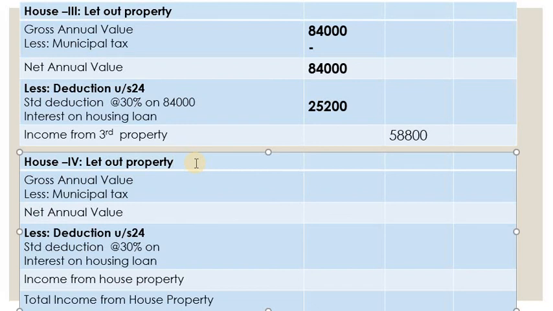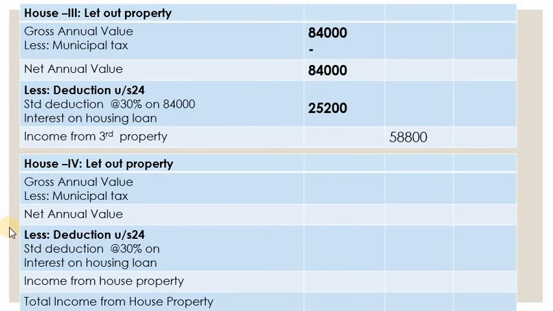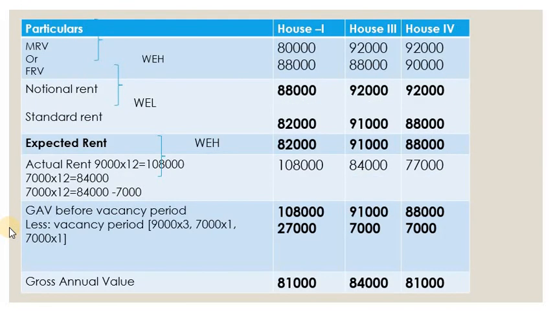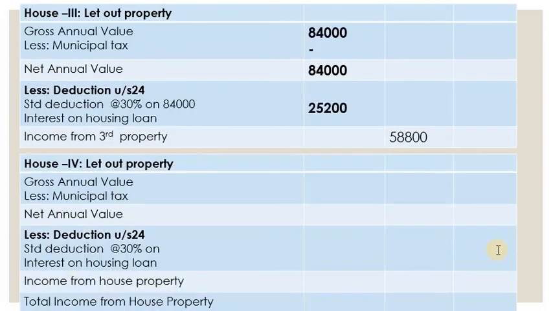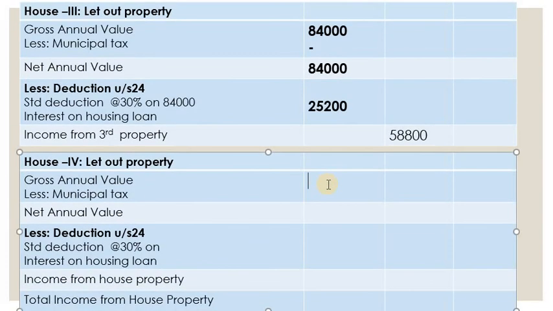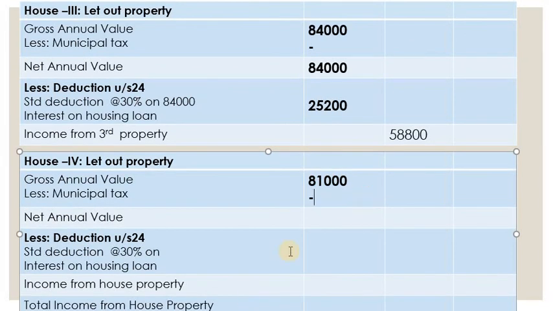Now let's go to the fourth house. The gross annual value of the fourth house, just go back to the problem and see, is 81,000. So write 81,000 here. Then what is the municipal tax? Again, there is no municipal tax because it is due, so net annual value is 81,000. Then less deduction under section 24.